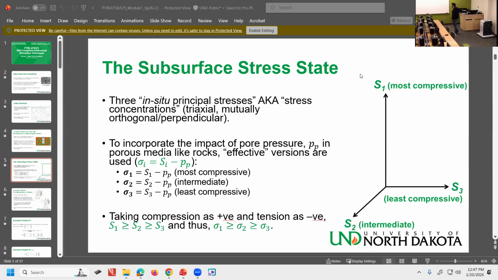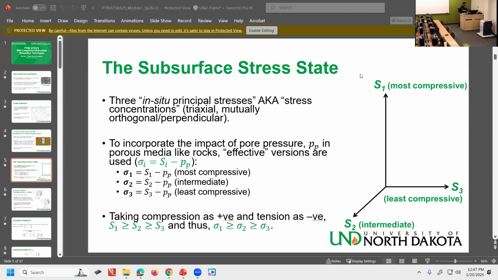And when I said mutually orthogonal, I think I did this and I said, look, the index finger is at right angle from the thumb, and the thumb is at right angle from the middle finger, and the middle finger is at right angle from the index finger. They are all at 90-degree angles from each other. And this is the situation here. You have S1, S2, and S3. Now, 1, 2, and 3, the number, will depend on the quantity, magnitude.